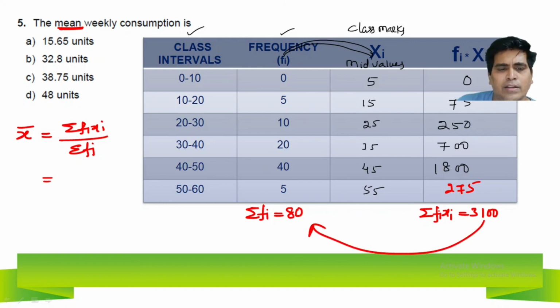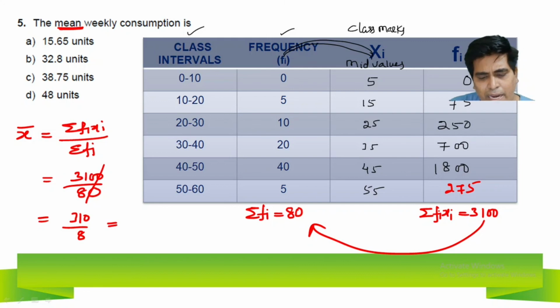So 3100 by 80. We can cancel the 0s. So 310 by 8. If you divide 310 by 8, you are getting the value 38.75 units. That is your average consumption for colony B.